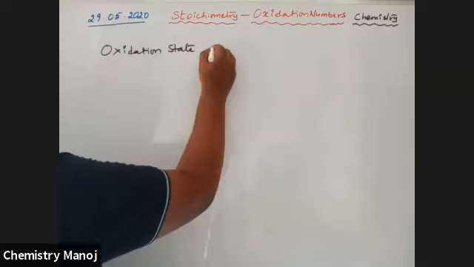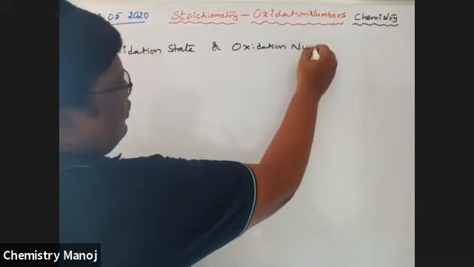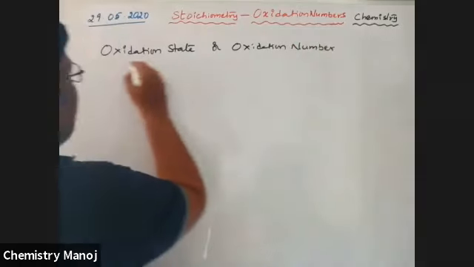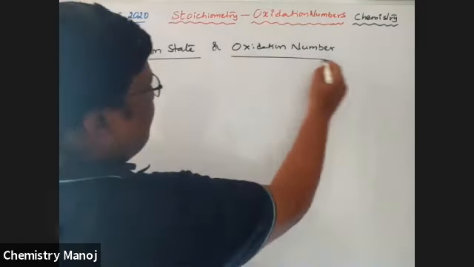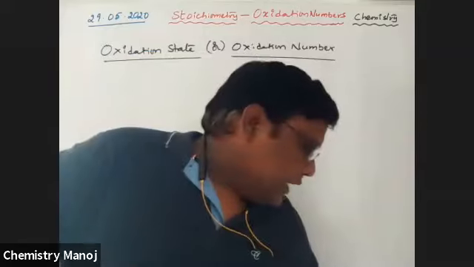Oxidation state or oxidation number, both are the same. What are these oxidation states or oxidation numbers?